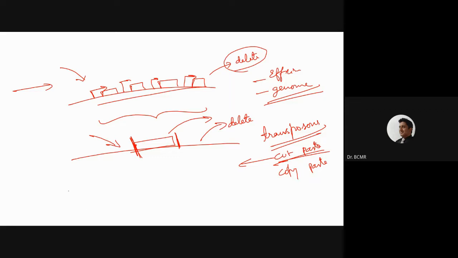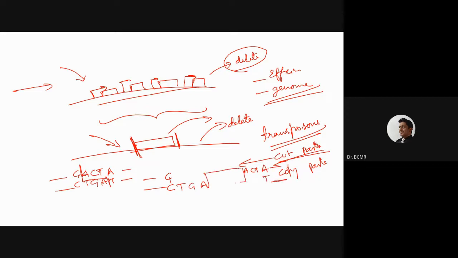I also want you to recollect what would happen if this is the target site, how transposition usually occurs. It would make a cut here and here, something like this, and G, C, T, G, A, and then A, C, T, A, T. The target DNA becomes like that.